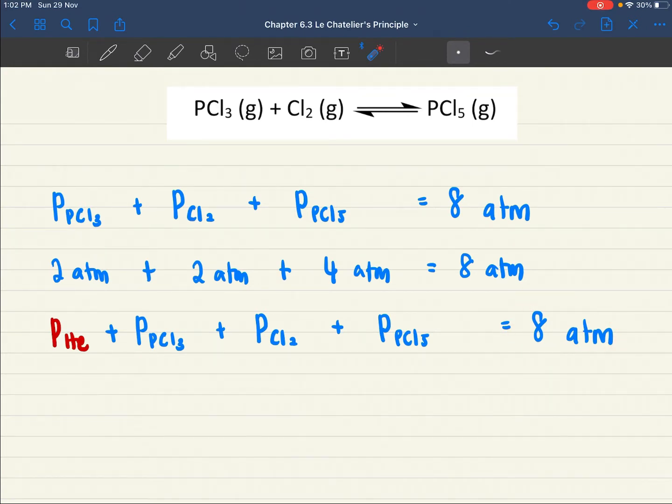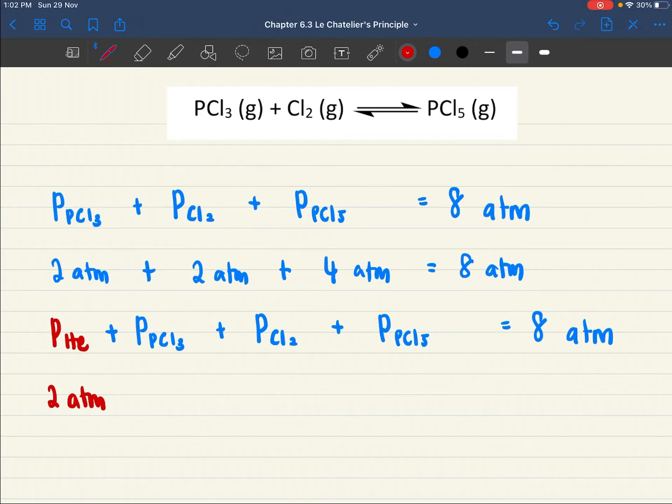Okay, so bila total pressure dia sama 8 atm, so logically dalam ni partial pressure ni kena berkurang lah kan. Okay, so that baru boleh dapat 8 atm sebab sekarang we need to take into account the partial pressure of helium. Okay, so let's say partial pressure of helium is 2 atm.